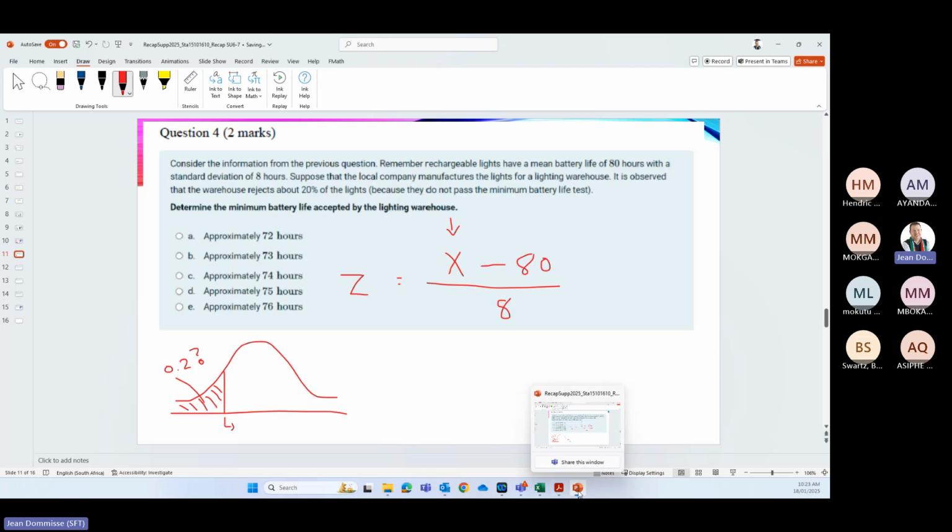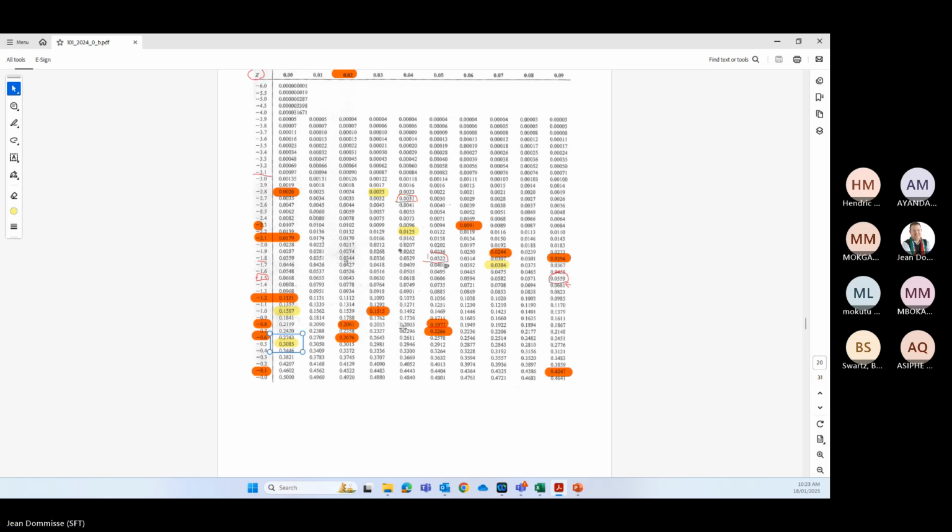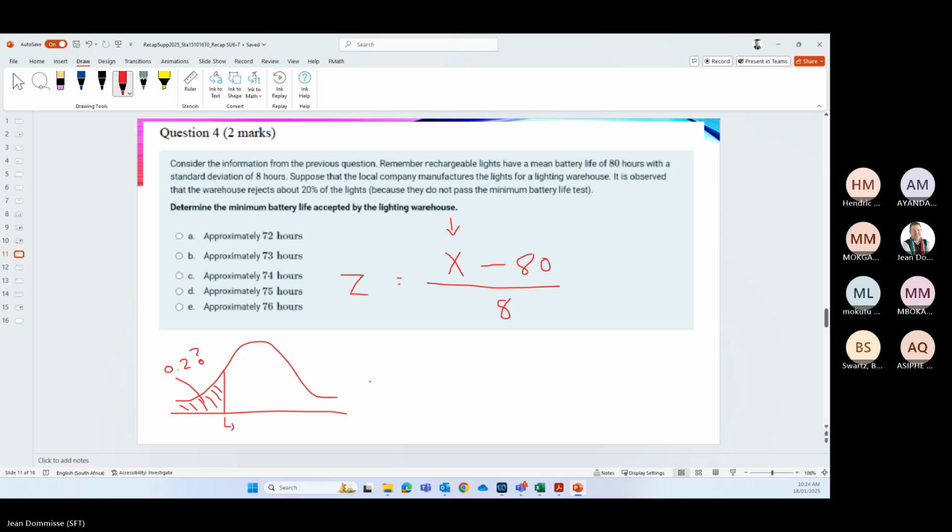Let's quickly check if we can do something like that. 20% is somewhere where it's actually, so that's probably the closest to 20%, minus 0.84. Will that work? If we set 0.84, let's quickly check.